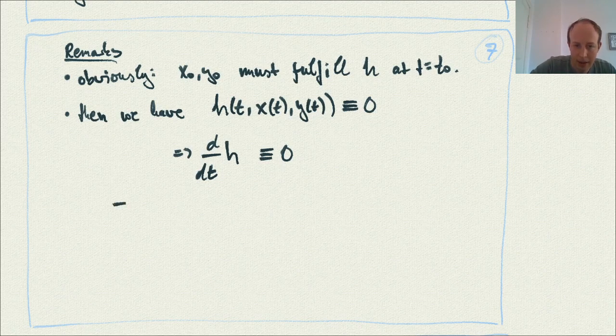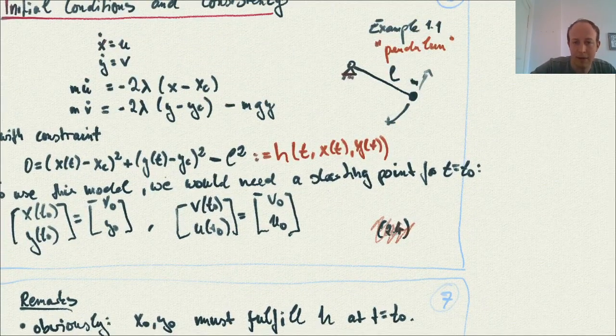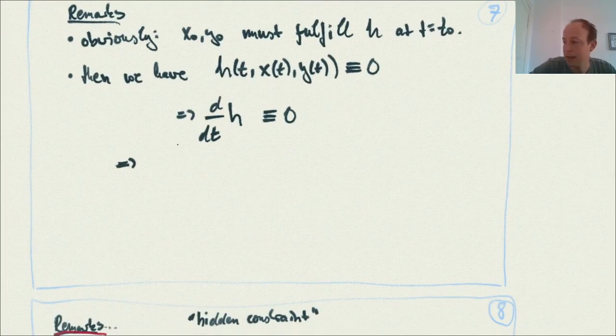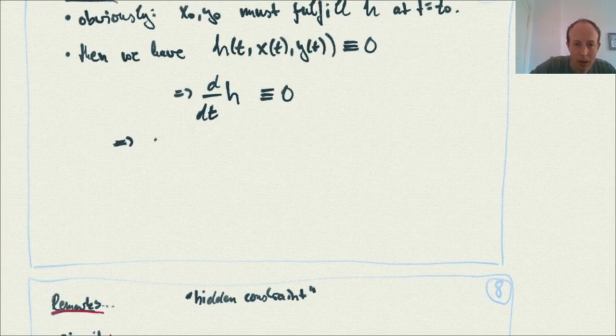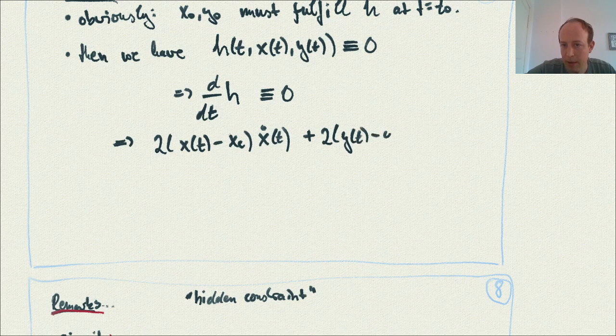One can of course differentiate this h function, and this gives us 2 times x of t minus xc times x dot of t plus 2 times y of t minus yc times y dot of t. This should be 0.